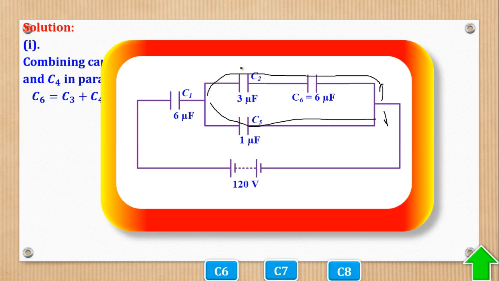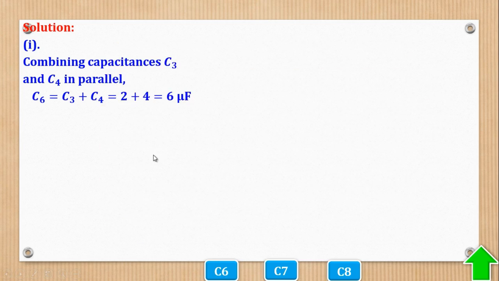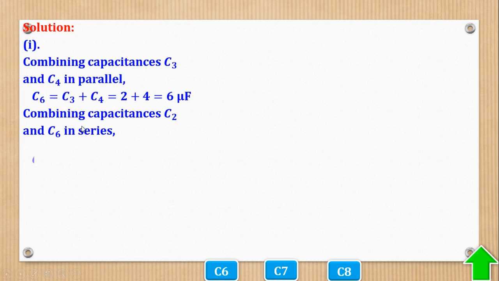So we have to first combine these two, which will be in parallel with this. So when I combine C2 and C6 in series, I'll come up with this. Combining those in series I use product over sum to give you 2 microfarad.